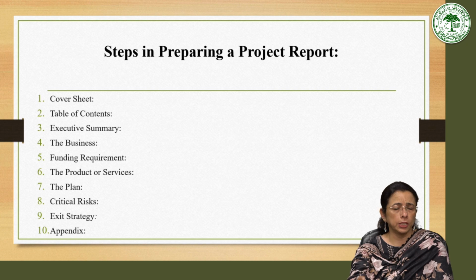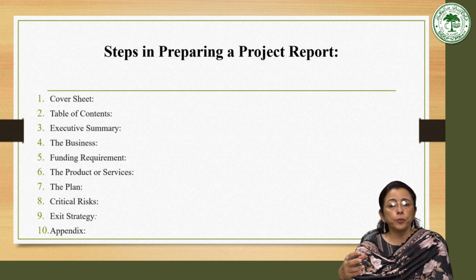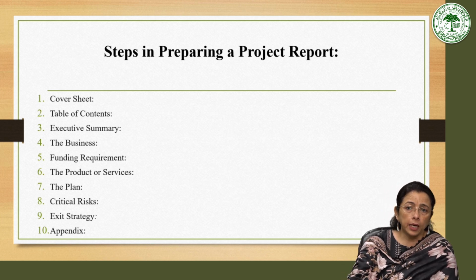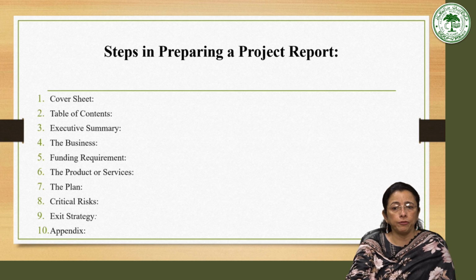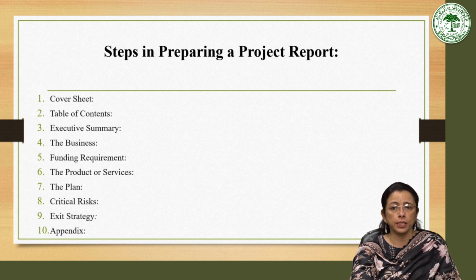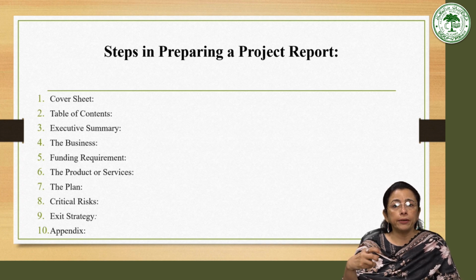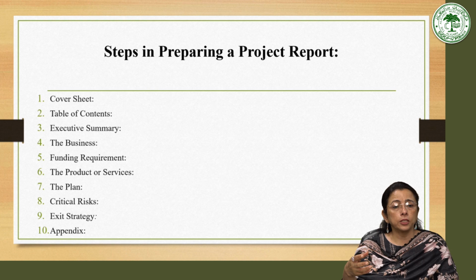Since we call it a summary, it must be brief, not more than 2-3 pages, yet it should have all the factual details about the project that can improve its marketability. It should briefly describe the company, mention some financial figures, and discuss some salient features of the project. Generating interest in the reader's mind is the prime motive of any executive summary, to attract the readers to go into detail.